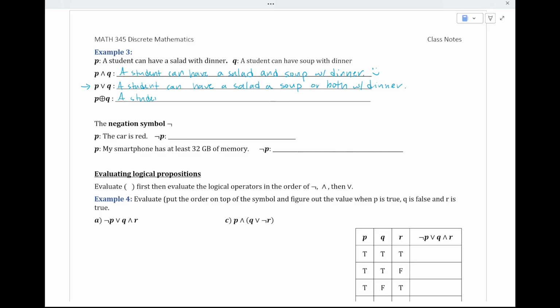A student can have a salad or soup, and then I'm going to put in parentheses, but not both, with dinner. Just to be clear that this is the exclusive or. I could have rewritten this one in a similar way: a student can have a salad or soup or both with dinner.